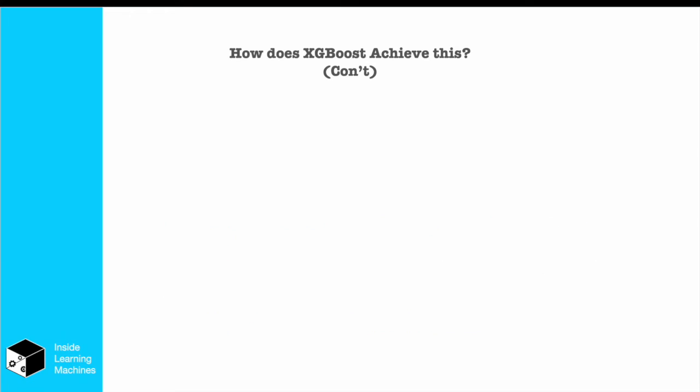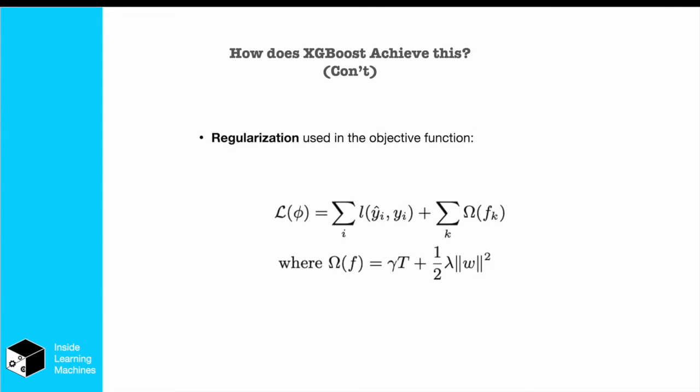So the last point that I want to touch on for this section is, again, something related to the way the algorithm is implemented, and that is that regularization is built into the objective function in XGBoost. So we can see that here. This is the optimization function that is used in the implementation, and we see that it consists of two terms.